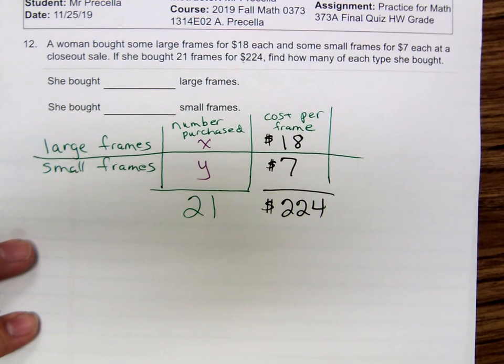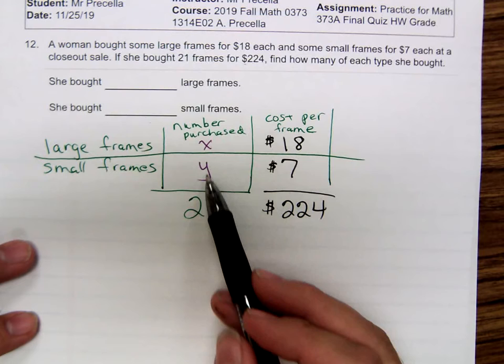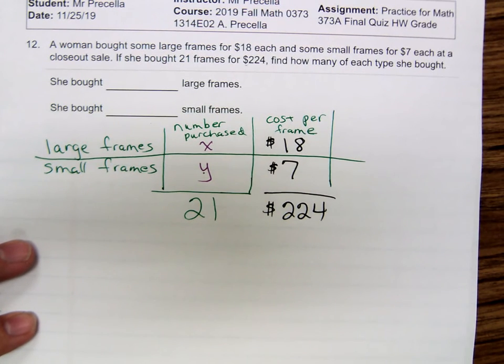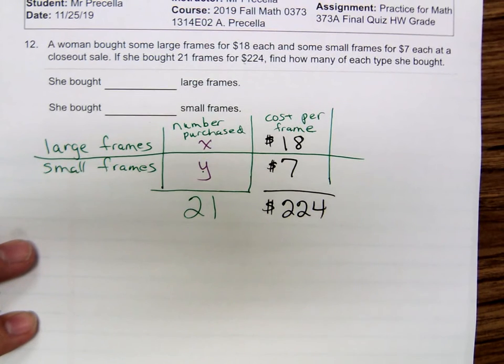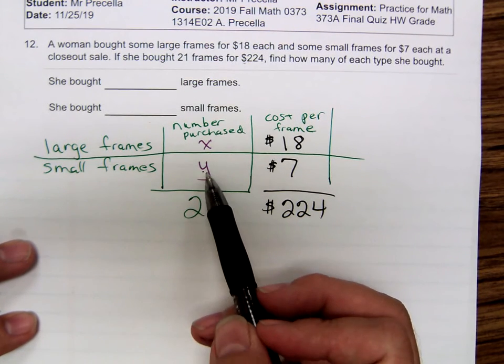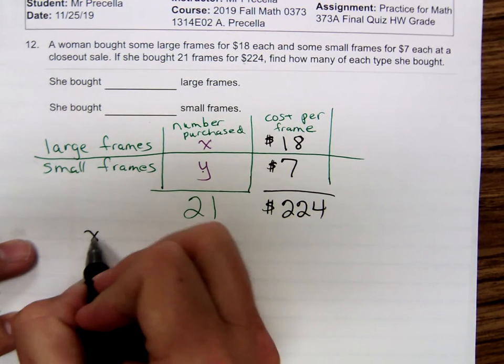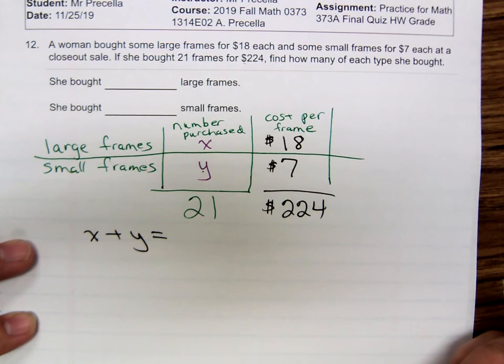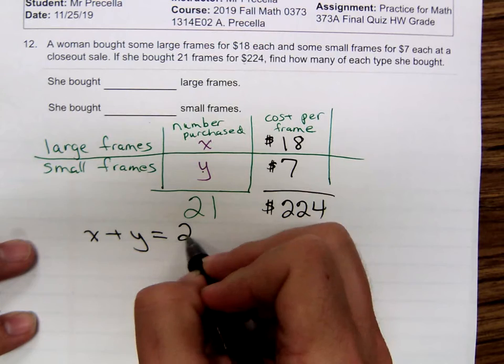So, once again, we have two variables, so we want two unique equations to be able to find a unique solution. If we take the number of large frames plus the number of small frames, that had better equal 21, I agree.